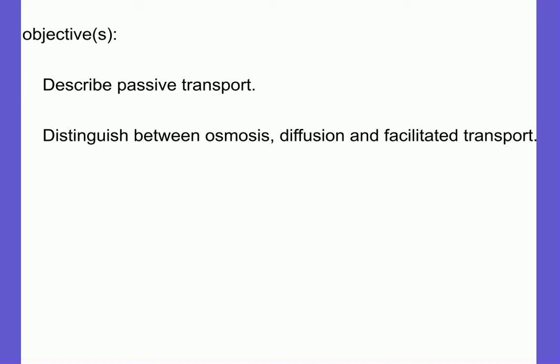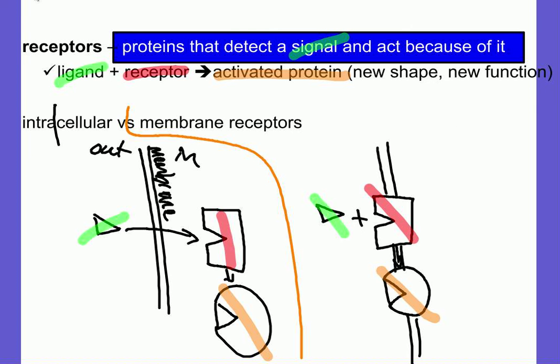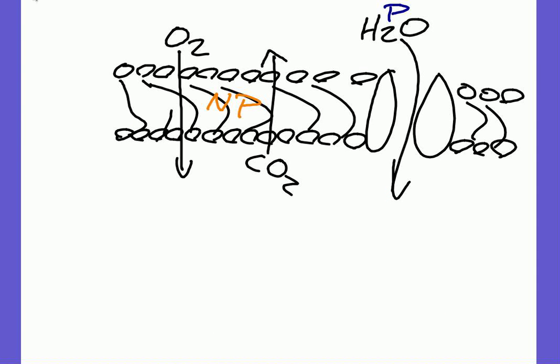And then we're going to distinguish between osmosis, diffusion, and facilitated transport, all of which can be passive depending on the context. I just talked to you guys not too long ago about how some things can go through the membrane directly, and they'll do so automatically.